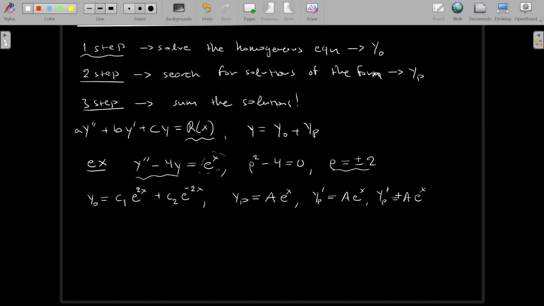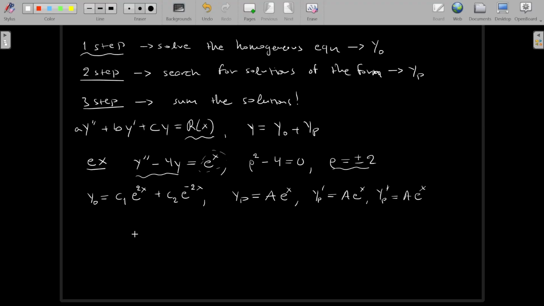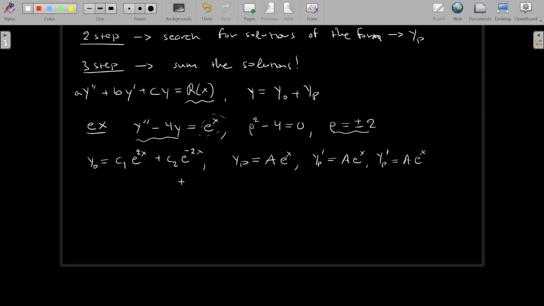We're going to take this and plug it into our original equation. So we have a e to the x minus 4 times a e to the x equals e to the x. This all cancels out, meaning that a is just minus 1/3.